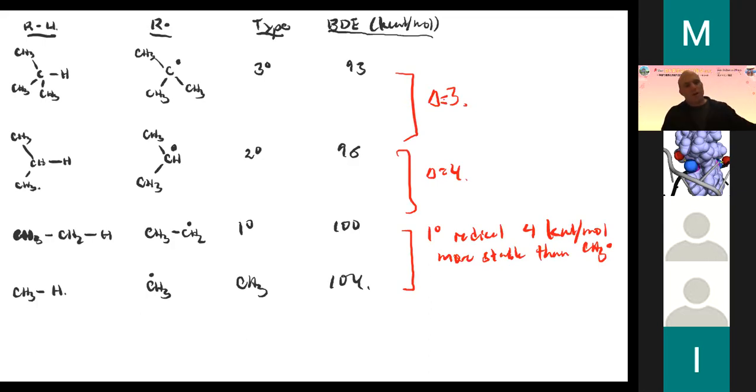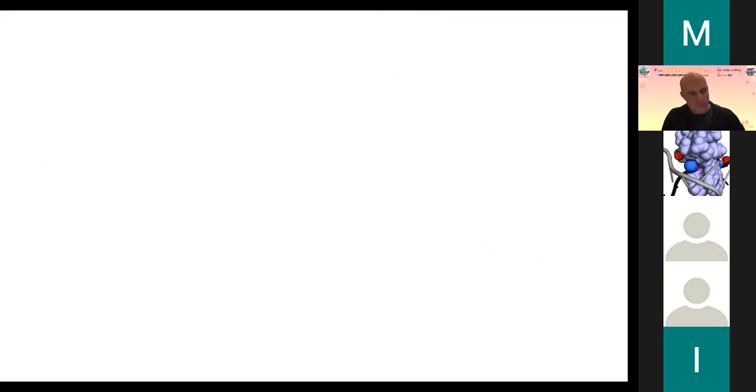Let me show this data to you in a more graphical representation. Another way that I could draw this is with a free energy diagram.